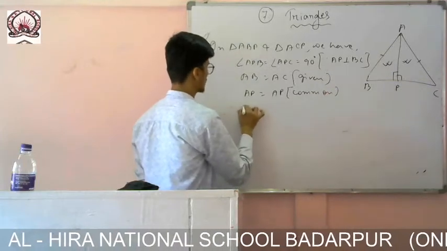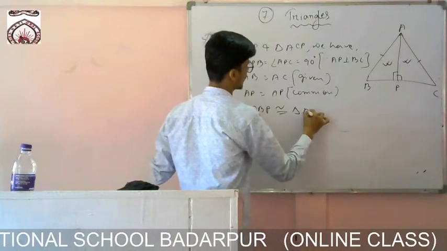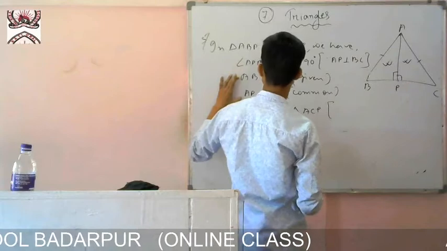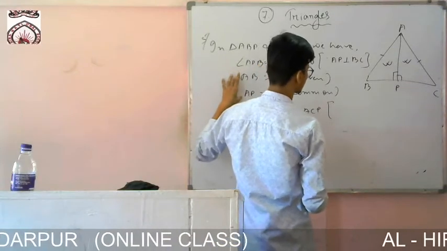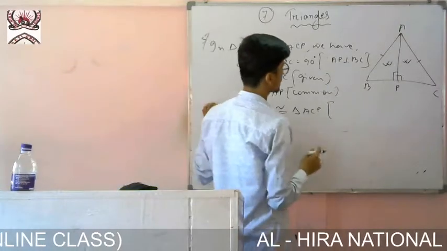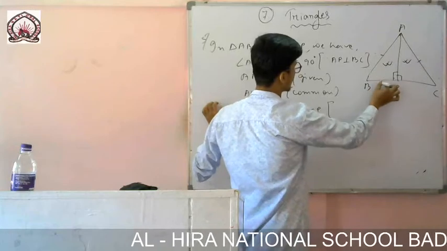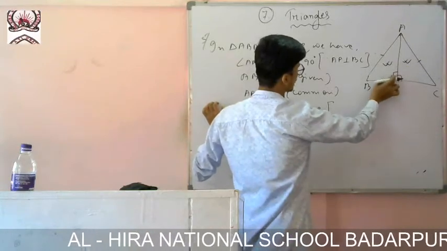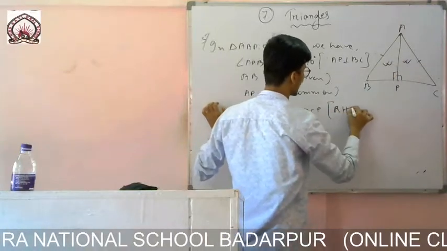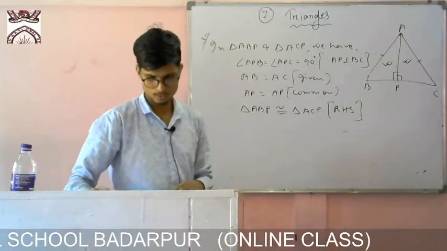So therefore triangle ABP is congruent to triangle ACP. You can see here, this angle is 90 degrees, this is the hypotenuse, and this is one side. So right angle is there, hypotenuse is there, and one side is there, so it will be RHS congruence.